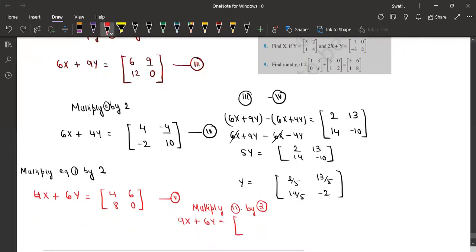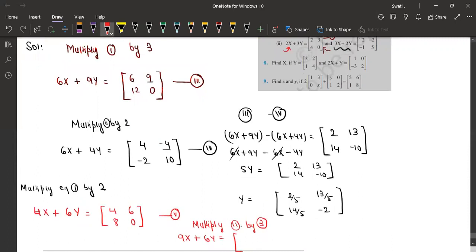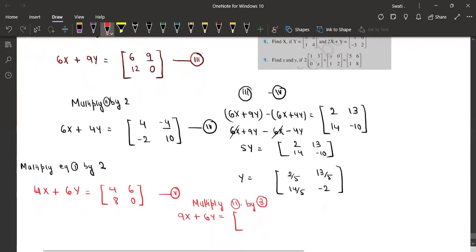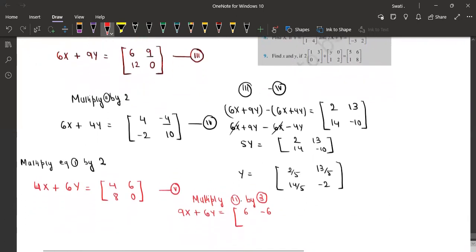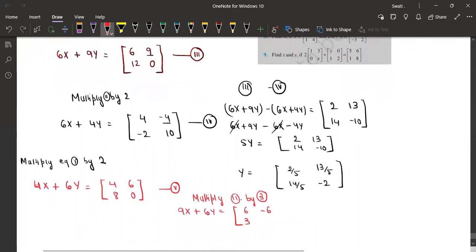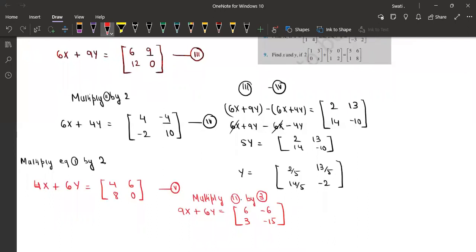So yes, if I just multiply the entries by 3, so it is 6 minus 6. Okay, I just need to write down. I just don't have a very good memory. 6 minus 6, right? And then we need to multiply negative 3 and 15. Oh, yes, not a very bad memory, but okay. So it's 3 minus 15. Now let us put this as equation 6.